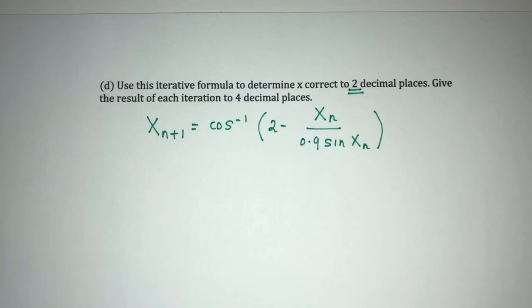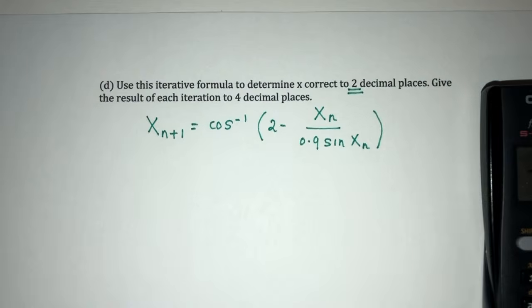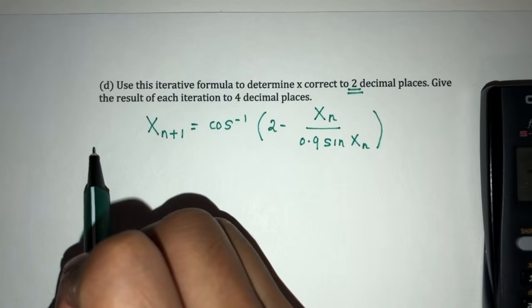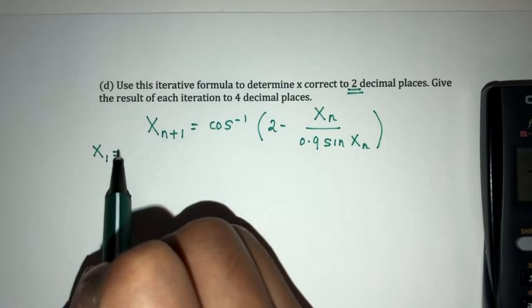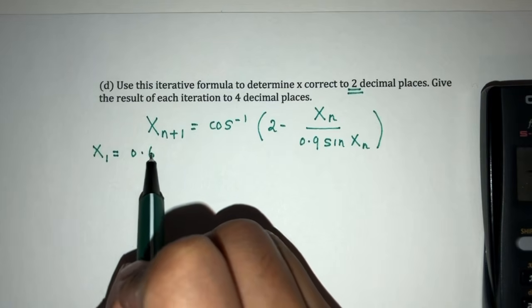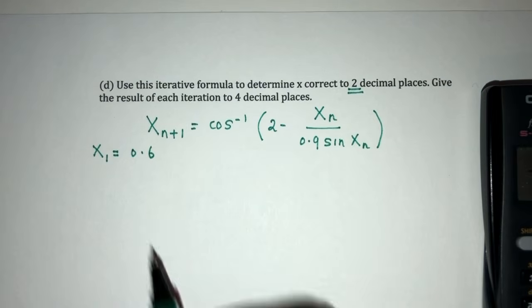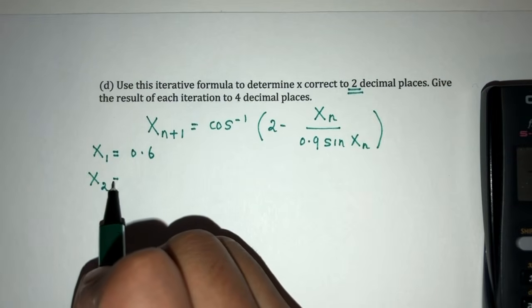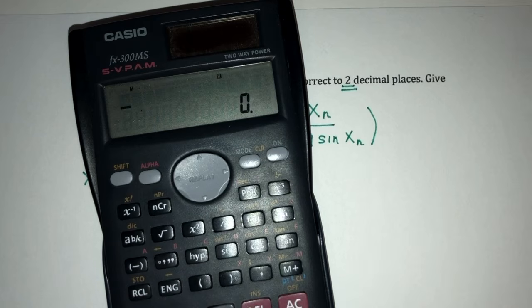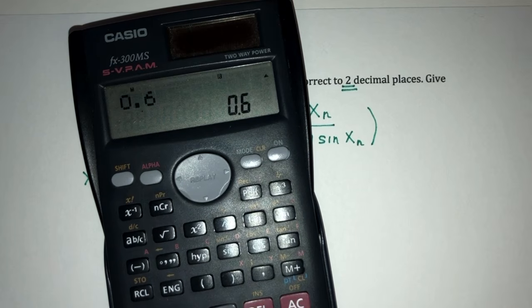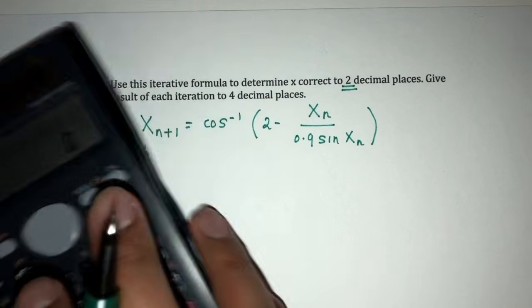Give the results of each iteration to 4 decimal places. So let's find out. First thing first, let x1 be the middle value, which is 0.6, as we have seen here, right? The middle value is 0.6. What is x2? So x1, which is the first answer, will be 0.6.